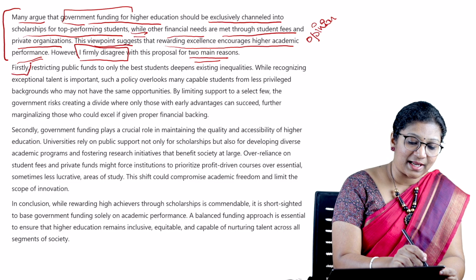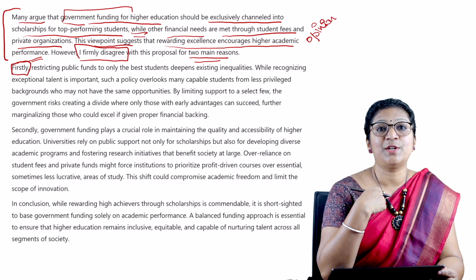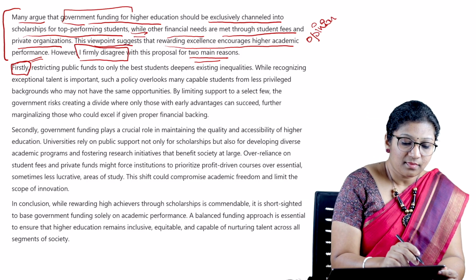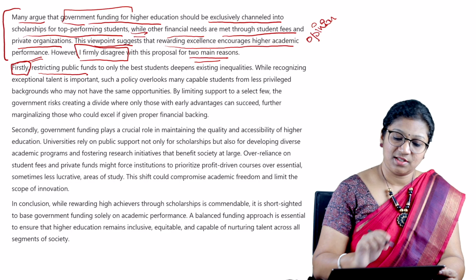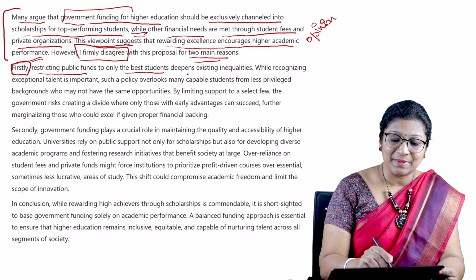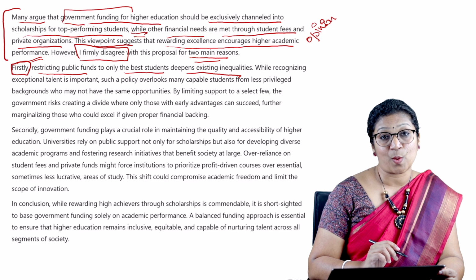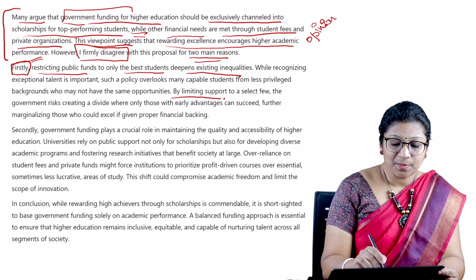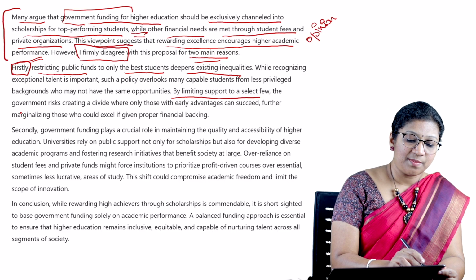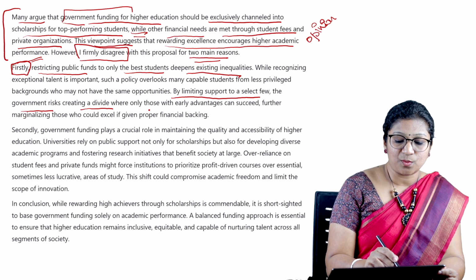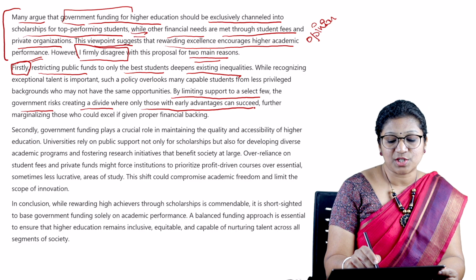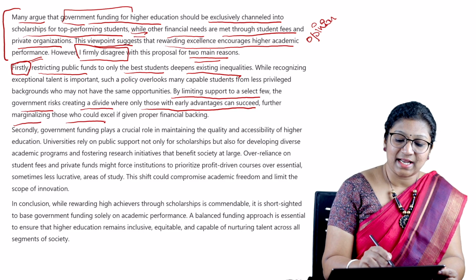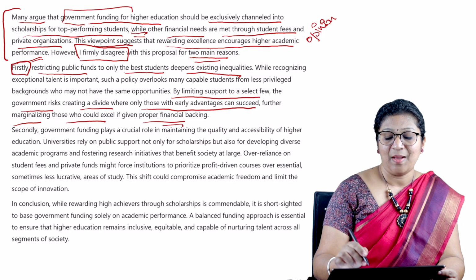Firstly, you can see how the paragraph begins. Firstly, which means I'm introducing my first reason for disagreement. Restricting public funds to only the best students deepens existing inequalities. Okay? By limiting support to a select few, the government risks creating a divide where only those with early advantages can succeed, marginalizing those who could excel if given proper financial backing.